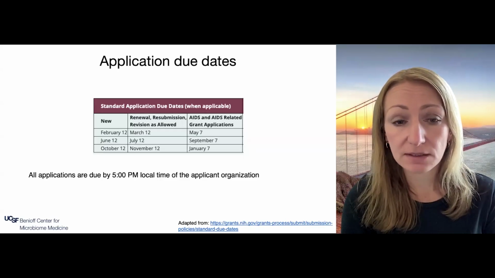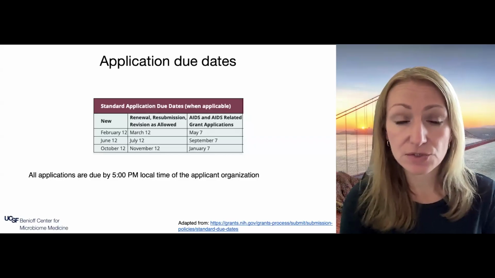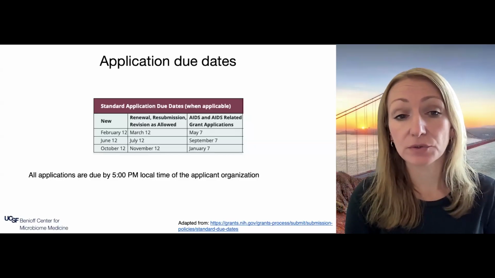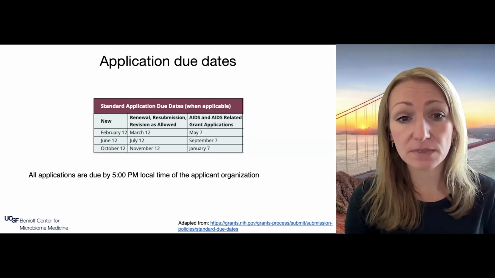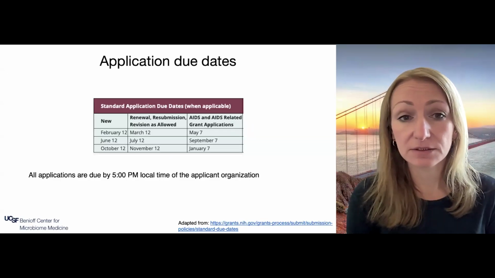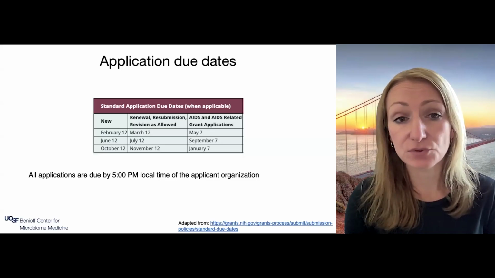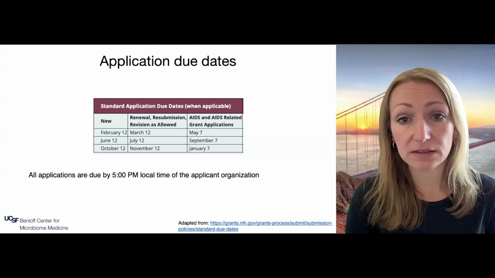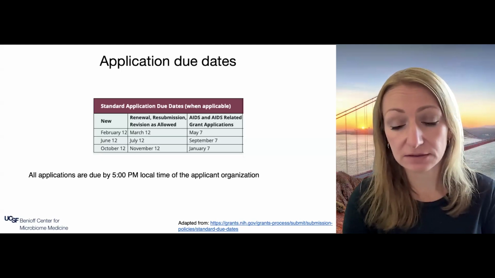Imagine you miss the deadline due to a power outage or any kind of event that is on your end, and you submit your application at 5:01 on February 12th. It will not be considered for that review cycle. It will be considered for the June review cycle. And so then in the end, your application will be reviewed at a much later time point.